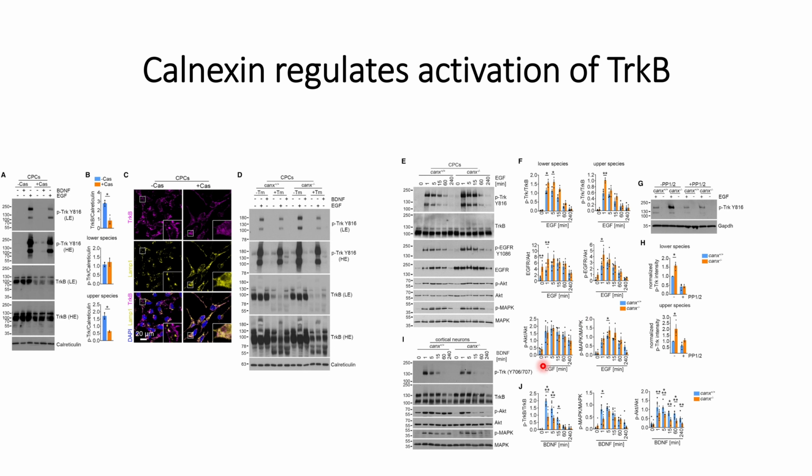After that, they had to check the time-dependent effect of BDNF on the cortical neuron in the presence and absence of Calnexin and calreticulin. So in the case of this phosphorylated TrkB, they can see that the amount gets reduced in the presence of Calnexin. However, when the Calnexin is not there, the amount does not increase.